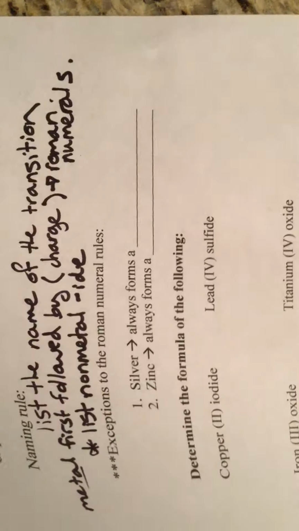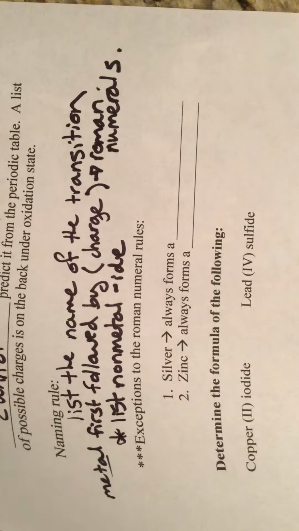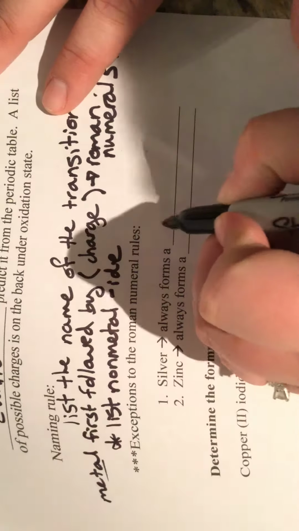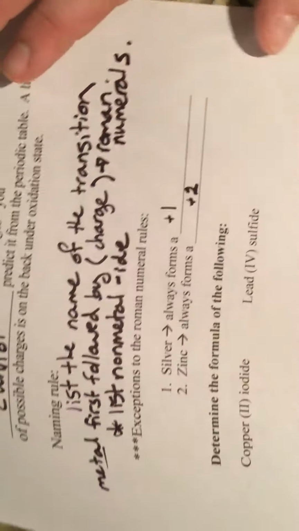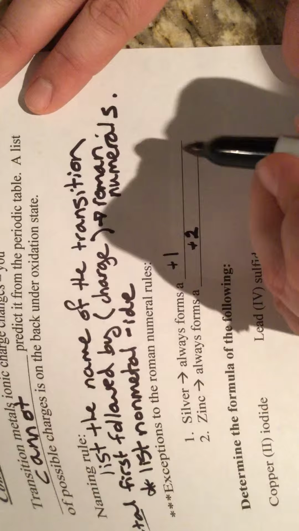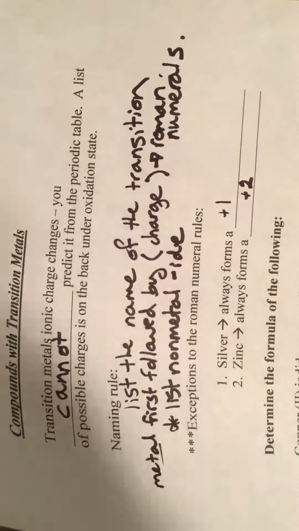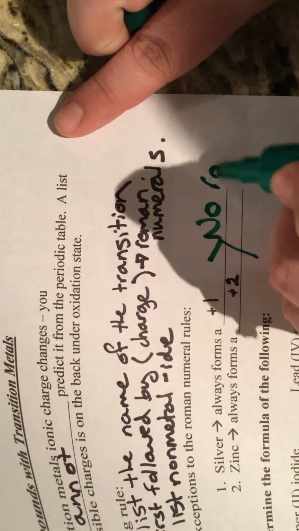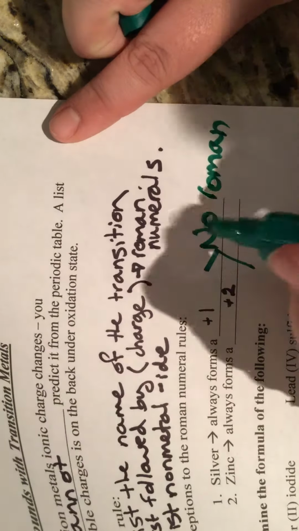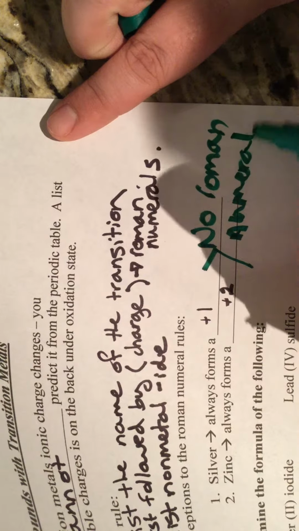But as in anything in chemistry, no matter what level of chem you ever go to, there are always exceptions. The exceptions to the Roman rules are that silver always forms a +1, and zinc always forms a +2. These ones don't switch. Let me grab a different color, maybe green. These two, no Roman numerals.